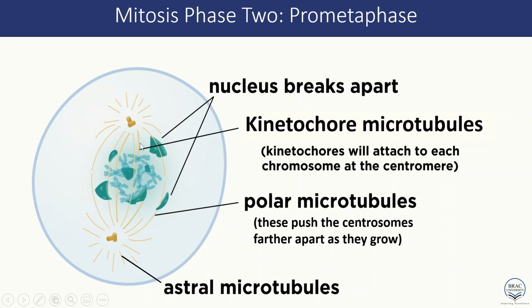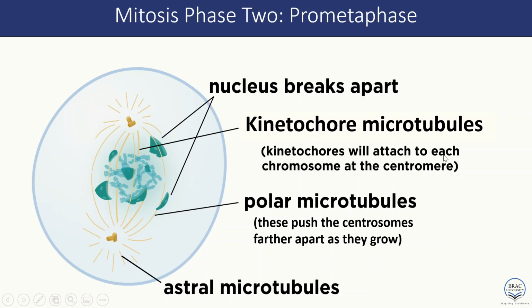Some microtubules attach to that kinetochore so that it can pull the chromosome into two parts. Those microtubules attached to the kinetochore proteins of the chromosome are referred to as the kinetochore microtubules. The kinetochore proteins attach to each chromosome at the centromere.